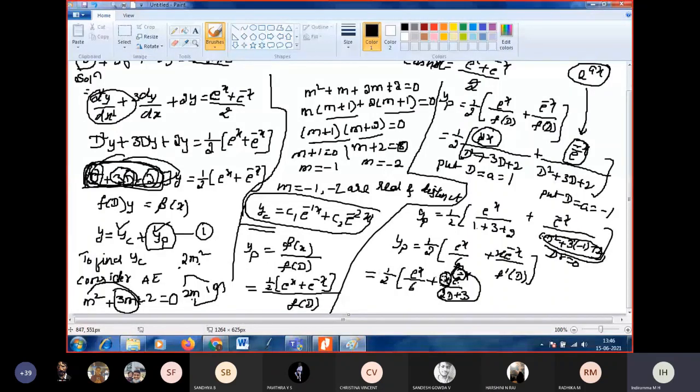As the numerator is e power ax, we follow the same procedure. Replace d by a, which is minus 1. Therefore we obtain 1 by 2 into e power x by 6 plus x into e power minus x divided by 2 into minus 1 plus 3. What did you get?